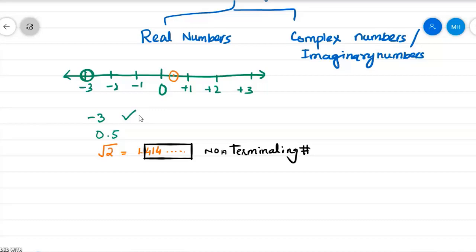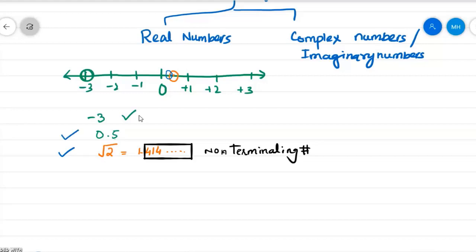It's somewhere here, near about 1.44, so I'm going to plot it over here. So the square root of 2 is also a real number.